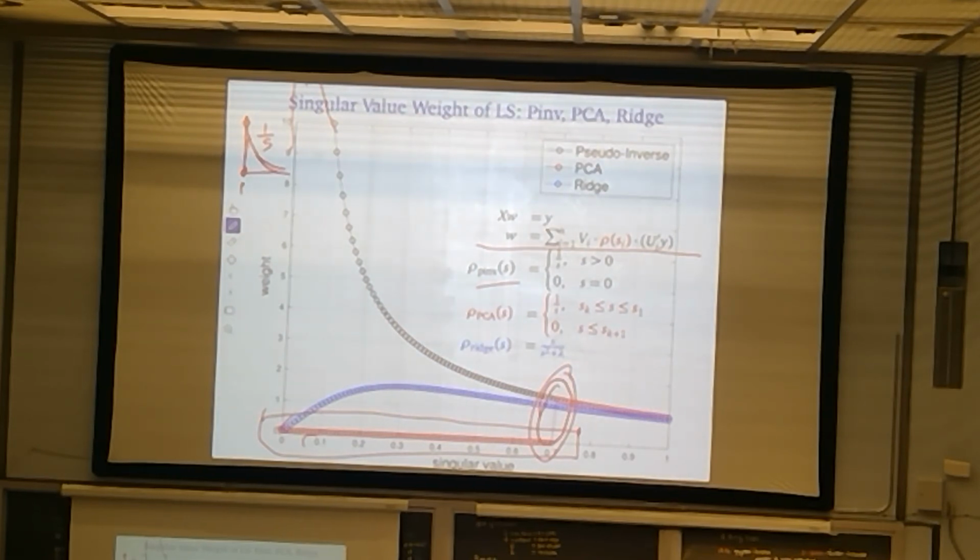PCA is TLS. The difference is that it's in the joint space of X and Y. That's the only difference. The reason I only compare them here is because they fall into the same family, assuming X is noise-free. Other than that, if you treat X and Y together and just fit it, you get your TLS.